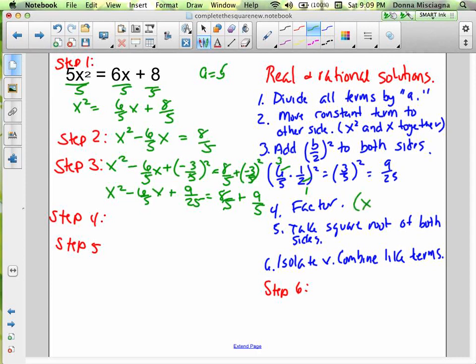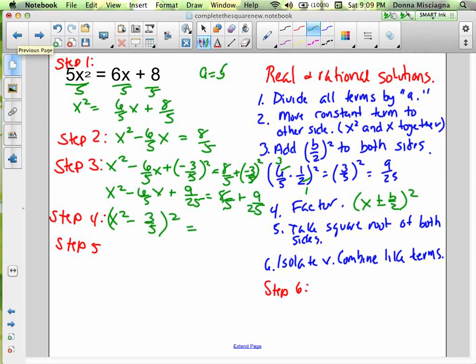Remember the pattern, it's x plus or minus b divided by 2 squared. And we know what b divided by 2 is, because we divided b by 2 before we squared it. So we have x squared minus half of 6/5 is 3/5 squared equals, and oops, somehow my 9/25 became 9/5.